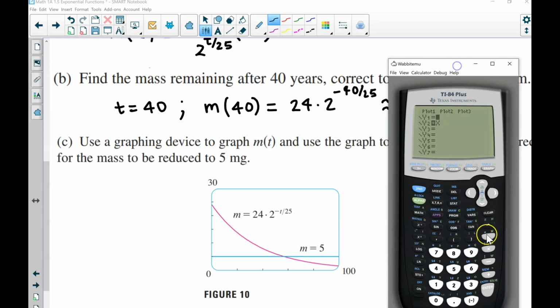So now if we put in our graph, this is 24 times 2, in parentheses, negative 1 divided by 25, and then we're raising that to the power of t, or we can just put x. And then in our second equation, we want to put m is equal to 5, since we want to find out the time for the mass to be reduced to 5 milligrams. So we're going to put in 5, and then we're going to graph.